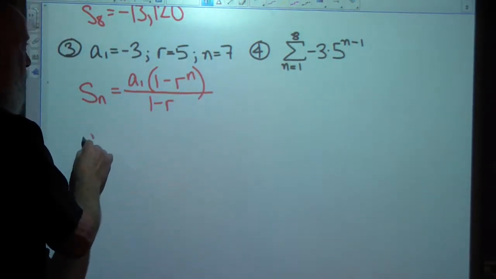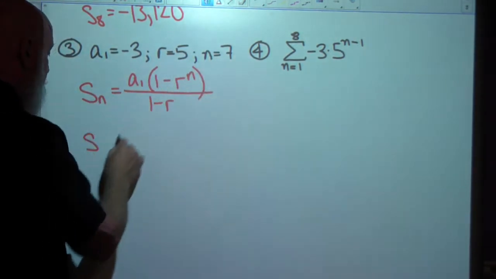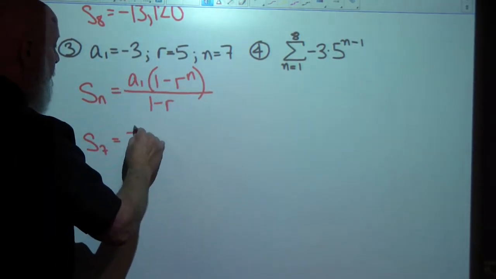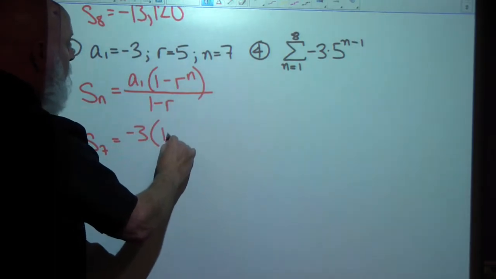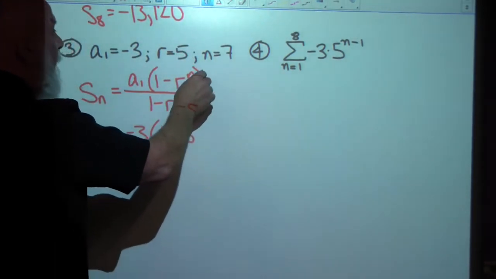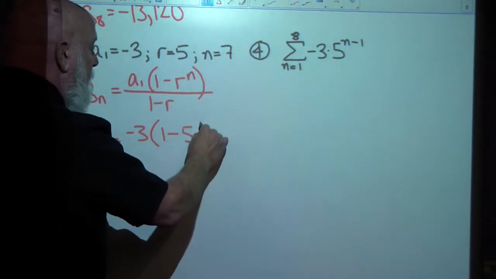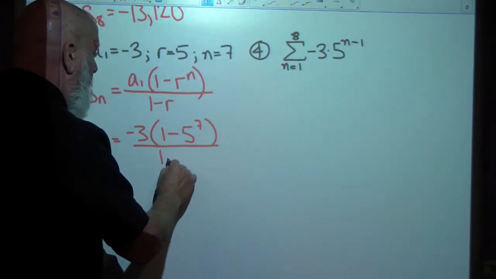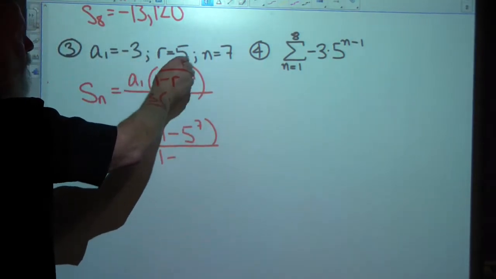So here we go. I'm looking for a sum of 7 terms is equal to the first term, which is negative 3, times the quantity 1 minus r, they tell us is 5, to the n power, n is 7. All of this divided by 1 minus r. R is 5.